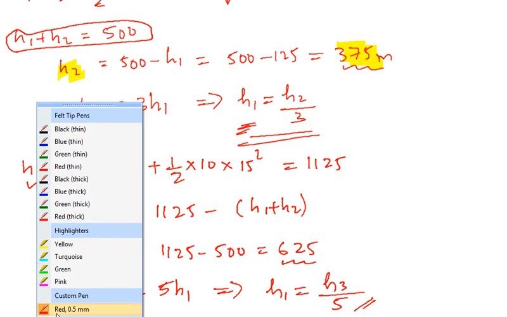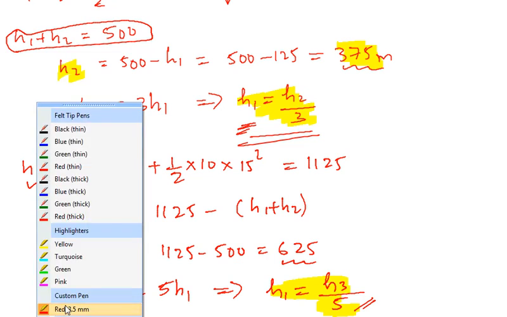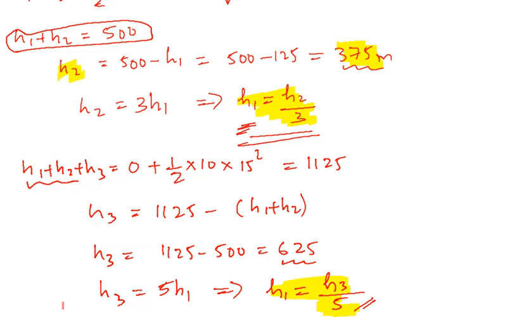So we can write h1 equals h2 by 3, which is also equal to h3 by 5. This is our actual answer.